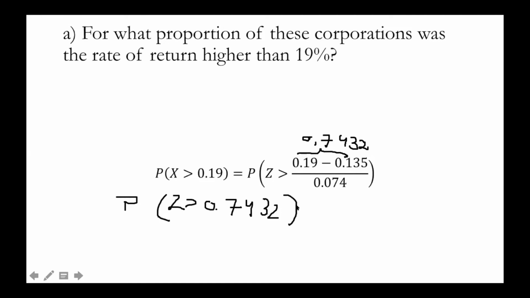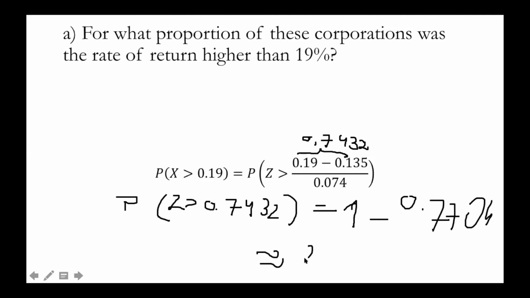And it's the same as taking the complement of this event. So it will equal 1 minus 0.7704, which is approximately 26%.